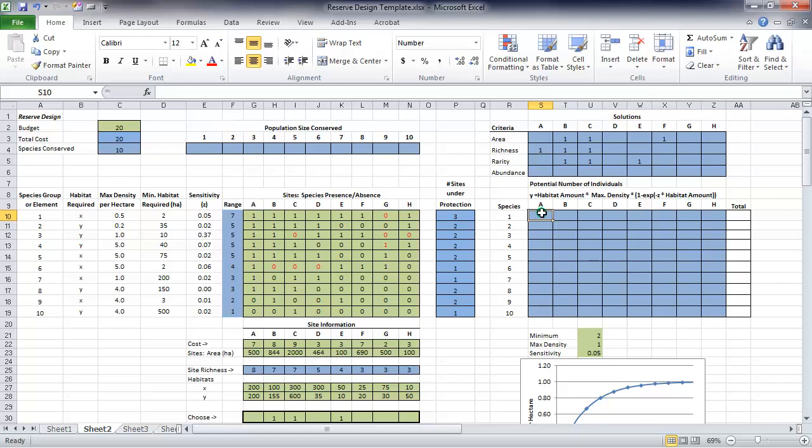We need to enter an equation for species that require habitat X and a species that require habitat Y. Let's start with species 1.